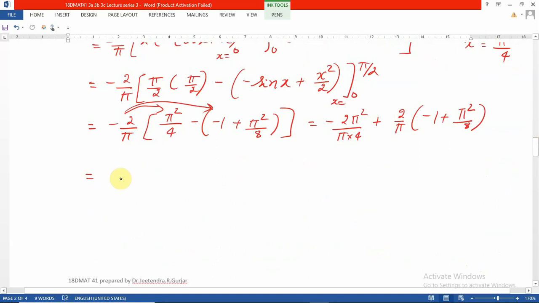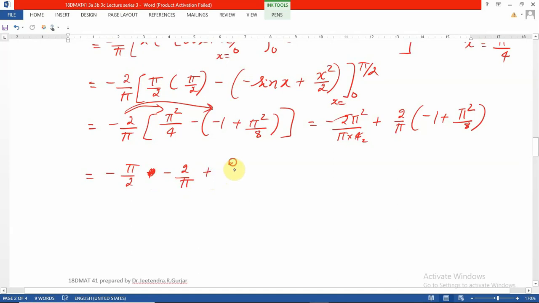So this is equal to minus, now you can see 2 1s are 2, 2 2s are 1, pi will get cancelled. Therefore this is minus pi by 2. Yes, friends, minus pi by 2 plus 2 upon pi. I will take it inside the bracket, so it will be minus. So this term is going to become minus 2 upon pi.